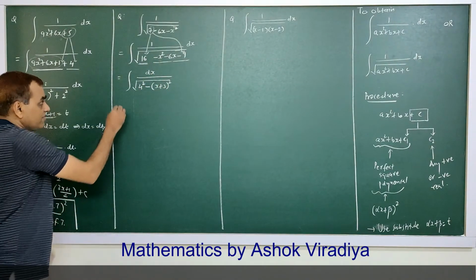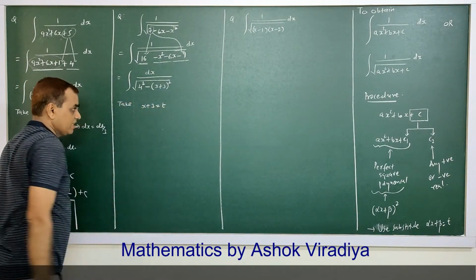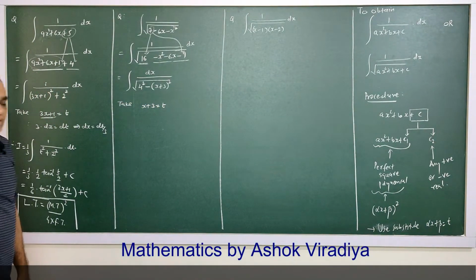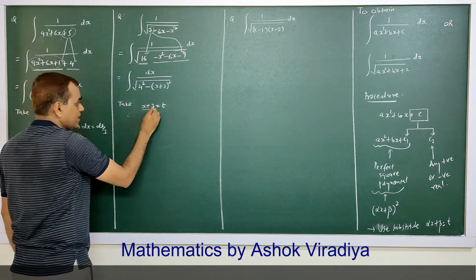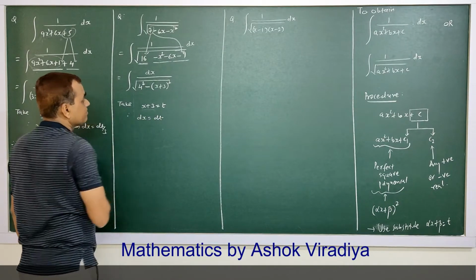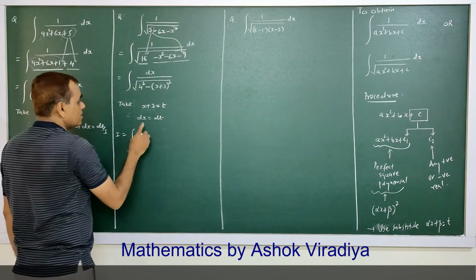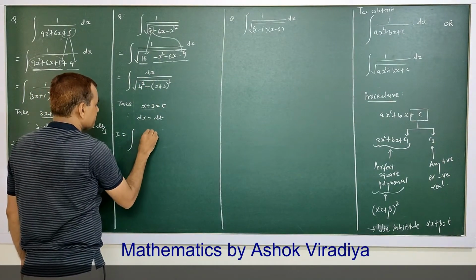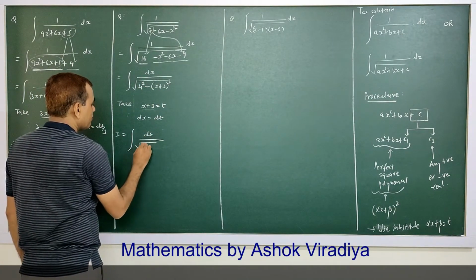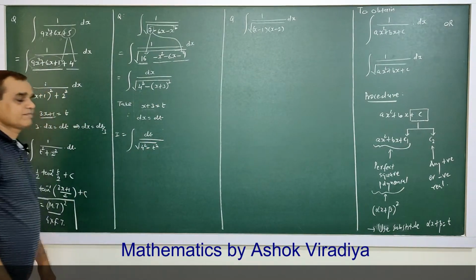And now we substitute x plus 3 equal to t. So the derivative of x plus 3 is 1 into dx, which is dt. So the integral is dt upon the square root of 4 square minus t square.